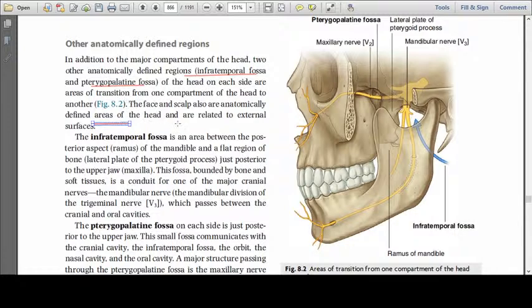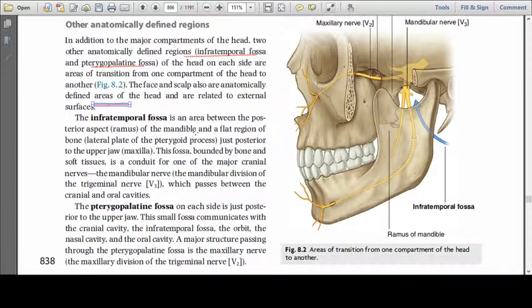The face and scalp are also anatomically defined areas of the head and are related to the external surface. The infratemporal fossa is an area between the posterior aspect of the mandible and the flat region of the bone. It basically defines the infratemporal region.